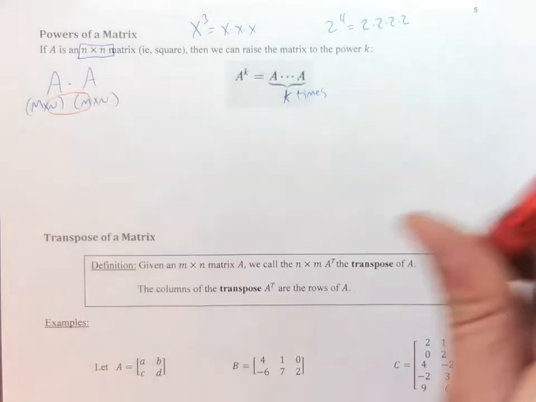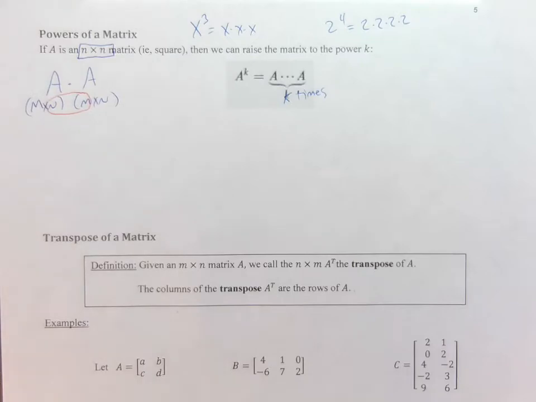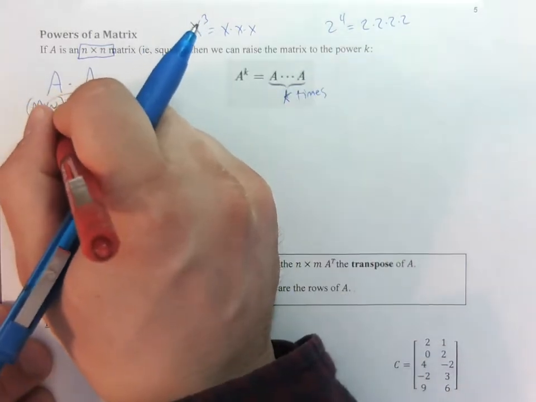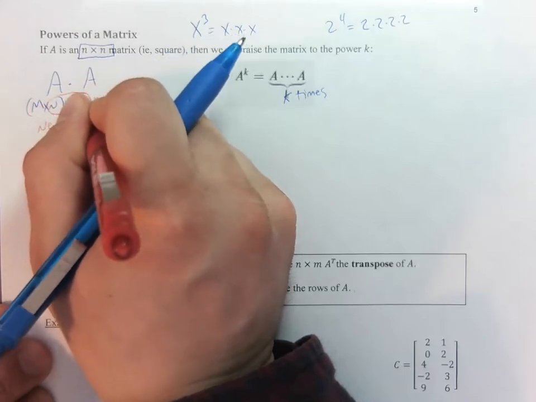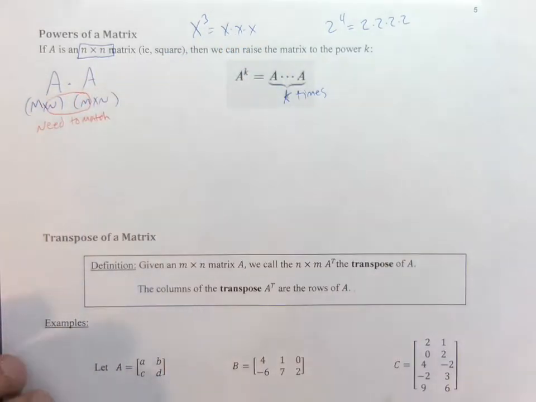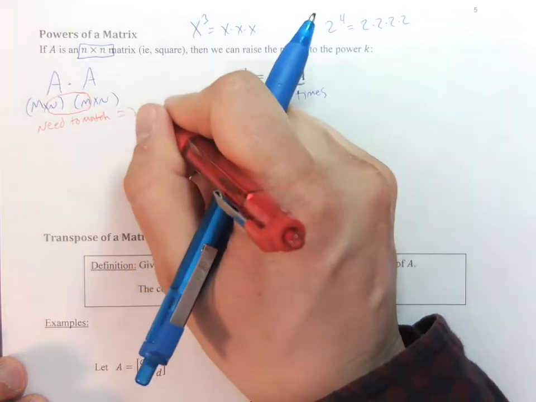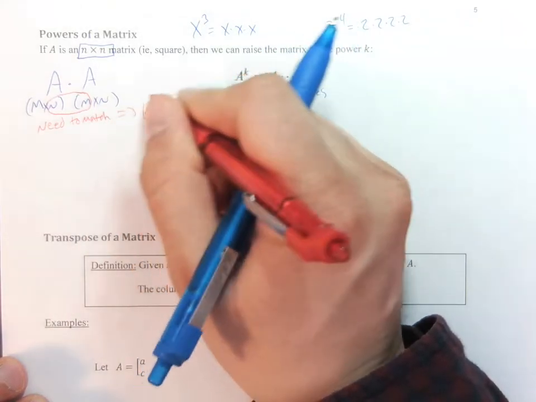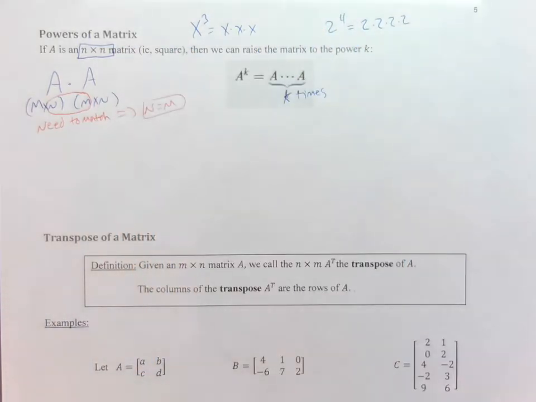This is what we talked about on one of the recent pages. And so if these need to match in order to be able to do the multiplication in the first place, then that implies that n equals m. And so that's what leads to a square matrix. So you can only raise a square matrix to a power so that those inner dimensions match.